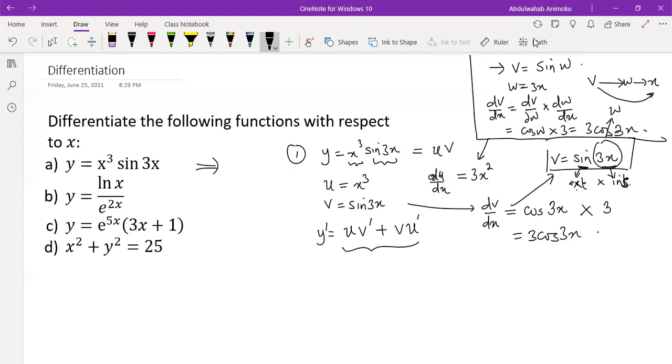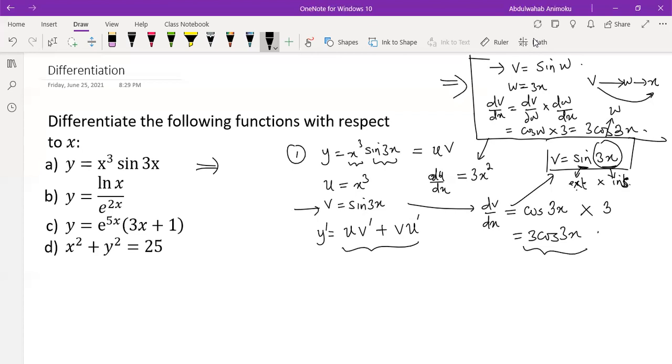We should be able to also find the derivative of v, unless v is a cumbersome function, then we have to use the steps. Like when it is not easy to find the derivative of this, then you have to follow all these steps, right? But when it is easy, we can quickly do that. So this is how we got dv/dx as 3 cosine 3x.